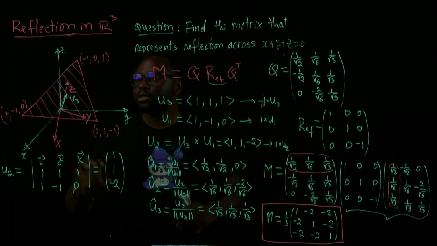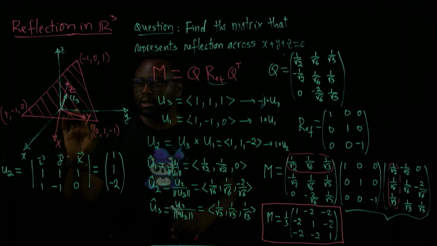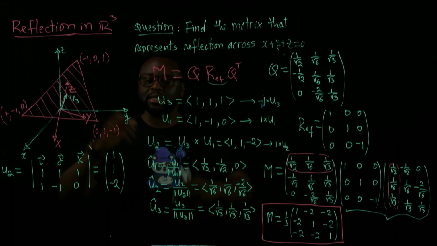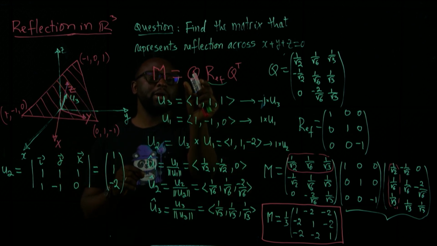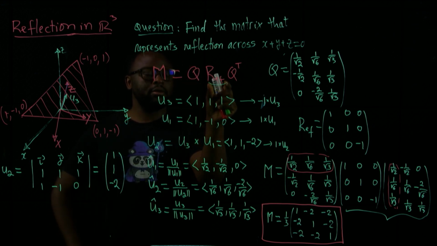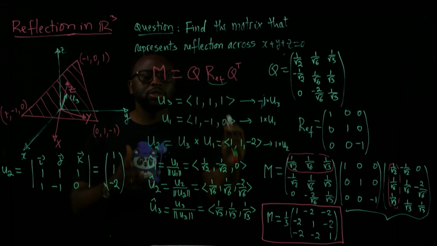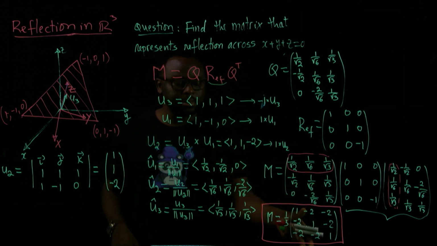So we choose capital X and capital Y in the plane, and capital Z is orthogonal to the plane. And we have to use this formula, find the orthogonal matrix Q and the matrix R. And once we have that, we just multiply, put them together, and obtain this matrix, okay?